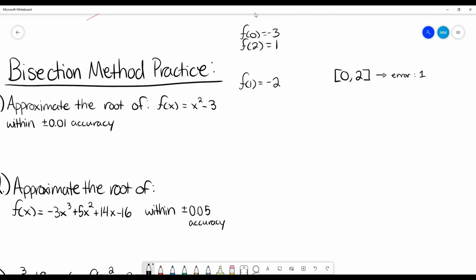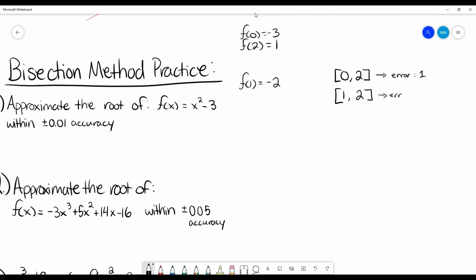So it's still a negative number, and it's not our 0 yet, and it's not within that tolerance. Because it's a negative number, we're going to replace whichever one was negative with that x value. So our new interval is 1 to 2, because if we plug in a 1, we get a negative 2. If we plug in a 2, we get a positive 1. So we know that there's still a 0 on this interval.